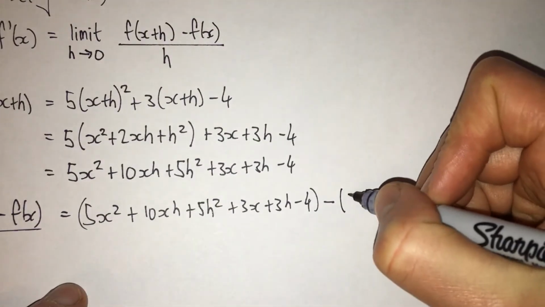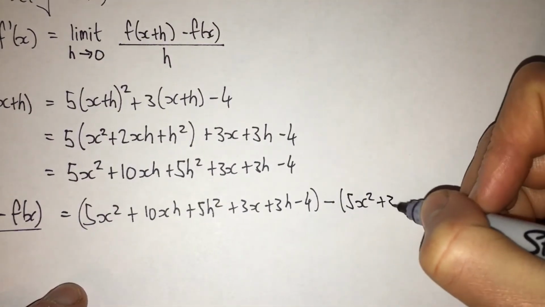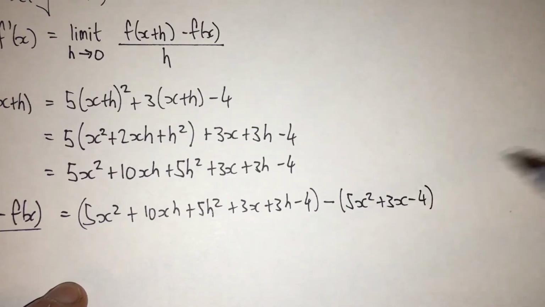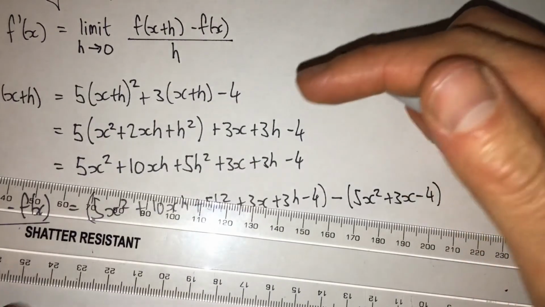So that's minus 5x squared plus 3x minus 4. And that's all over h.